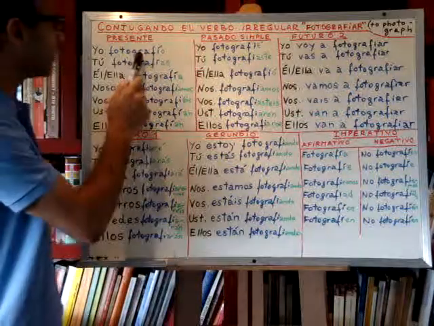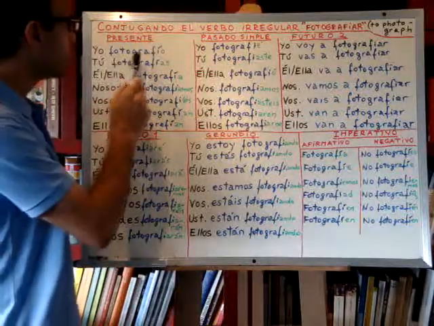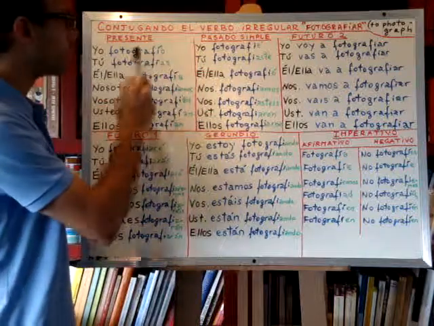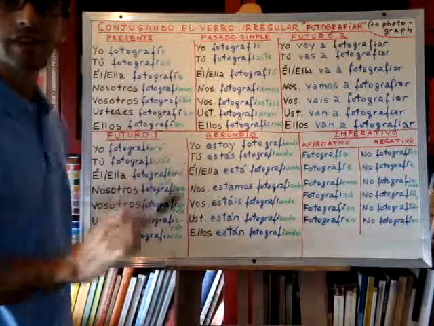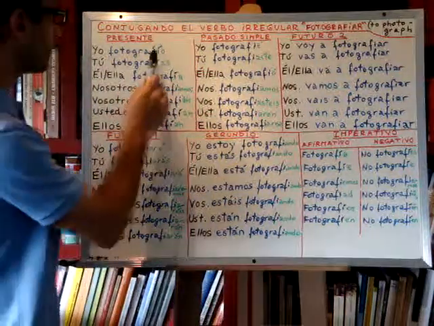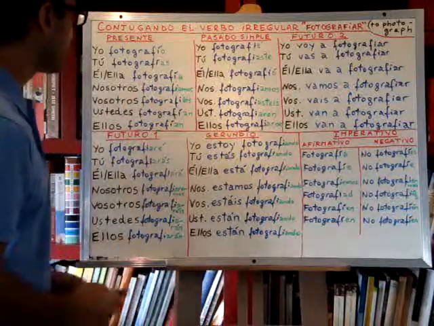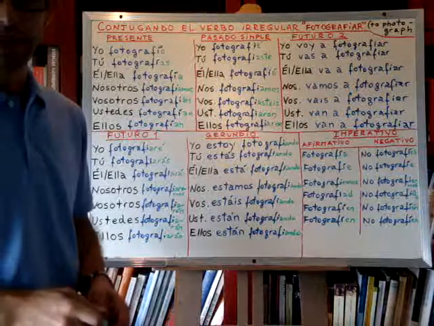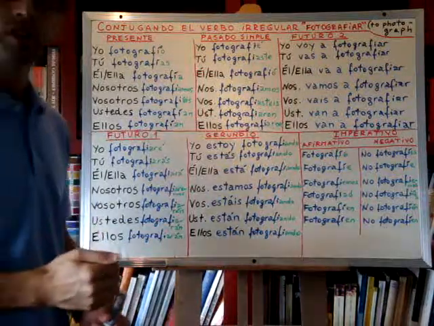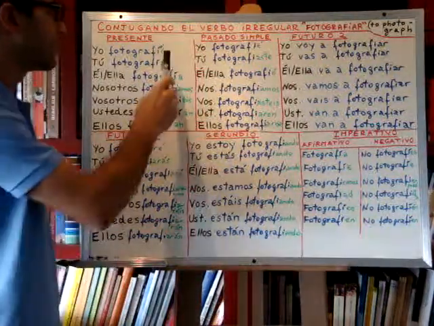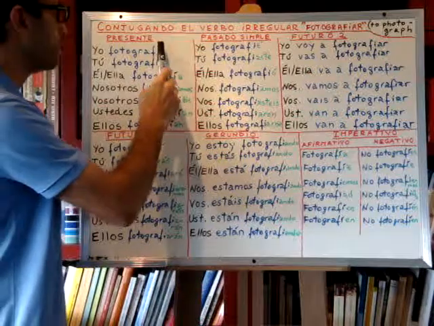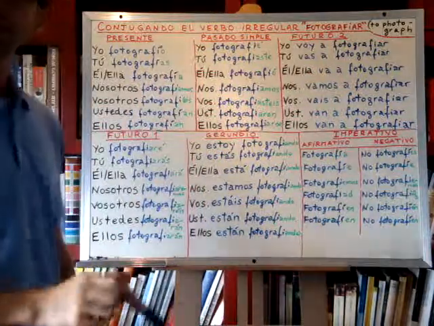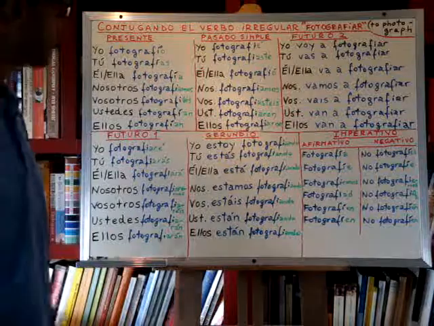So this verb is irregular only because the root of the verb has some slight modification, okay? In this case, the modification is that we add a tilde, this line on top of the letter I, okay? And that makes the accent go to the I instead of the O. And just because of that, it's irregular, okay?